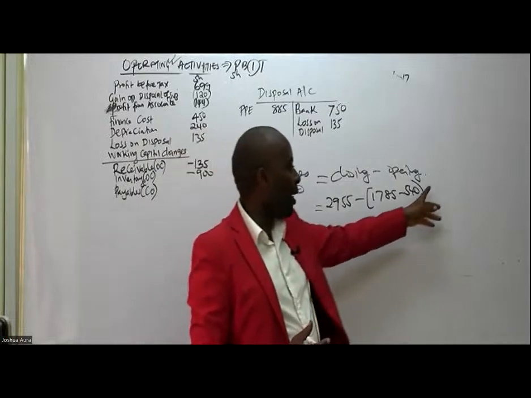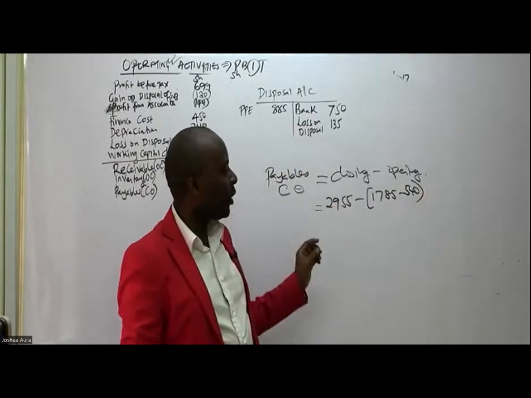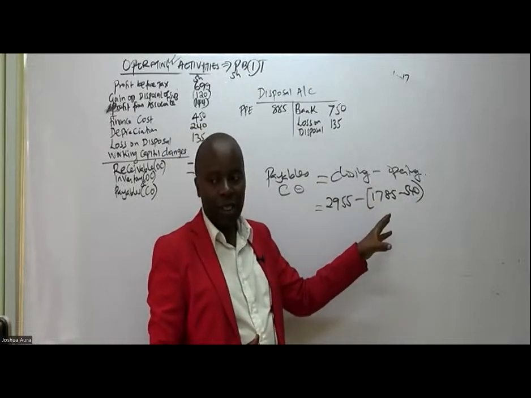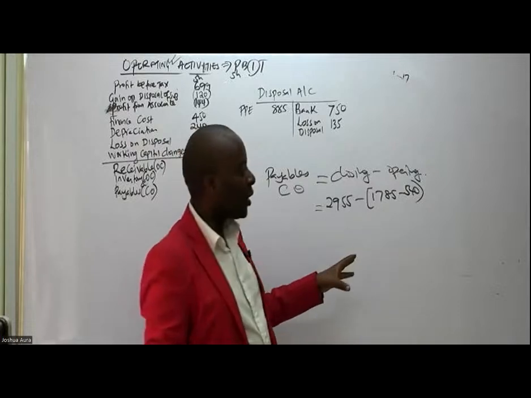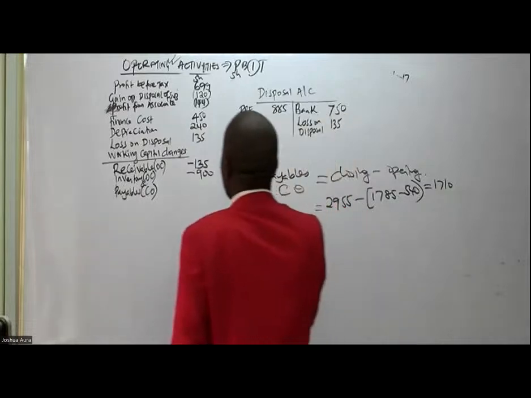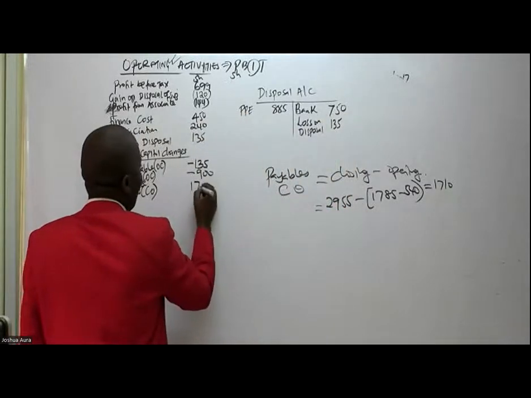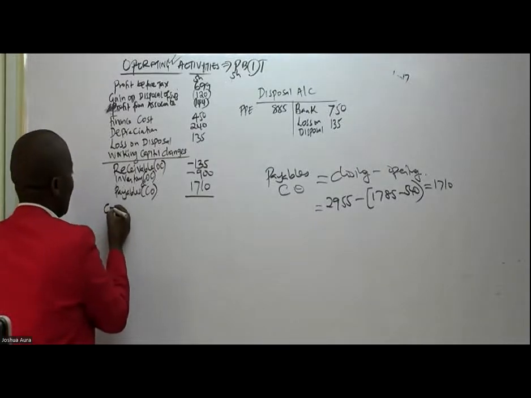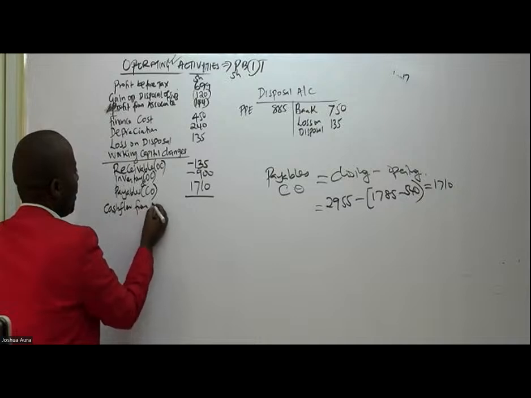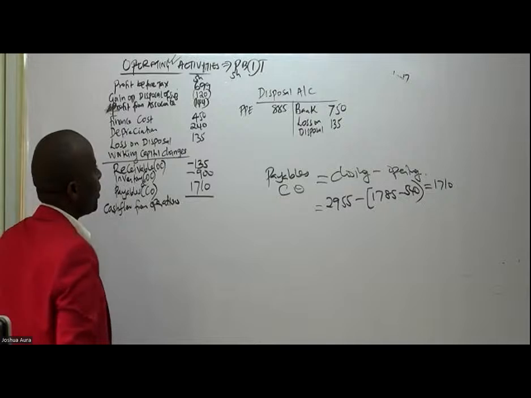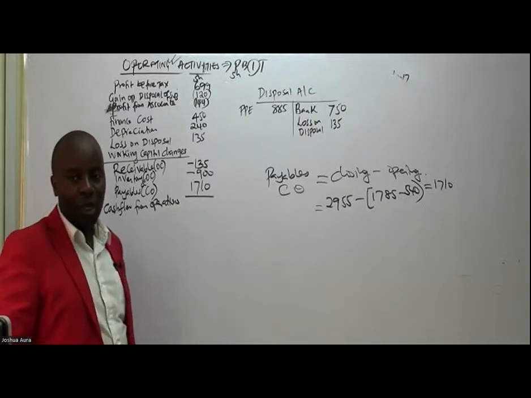So what figure do we have here, my friend? In the calculator, you take 2955 minus open bracket, 1785 minus 540, close. In this case, it is positive 1710. So if it's positive 1710, could you kindly give me the cash flow from operations.